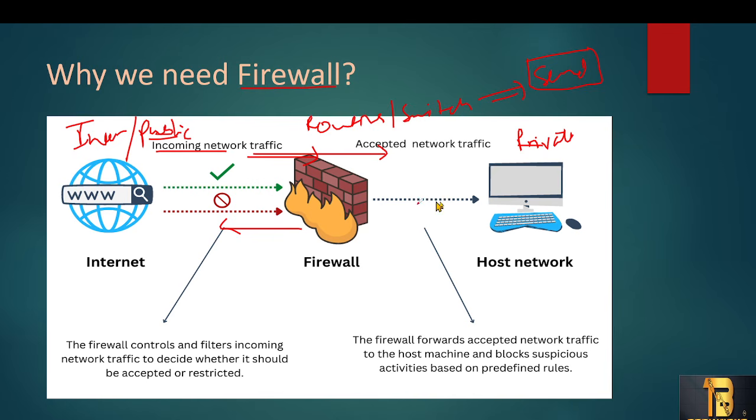Whatever traffic flows from your private network to the public, inside to the outside, will be called outbound or outgoing traffic. So what will the firewall do with incoming and outgoing traffic?